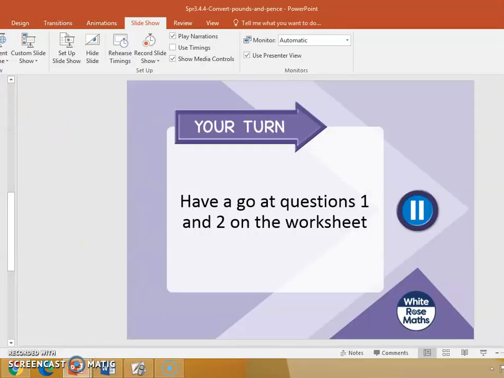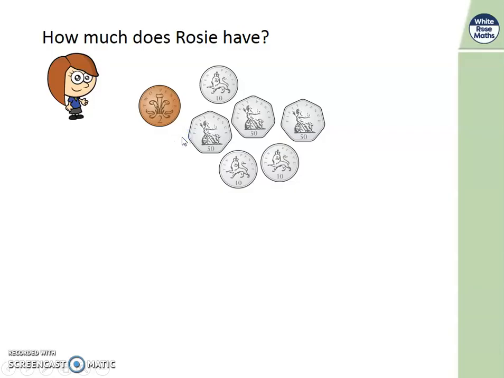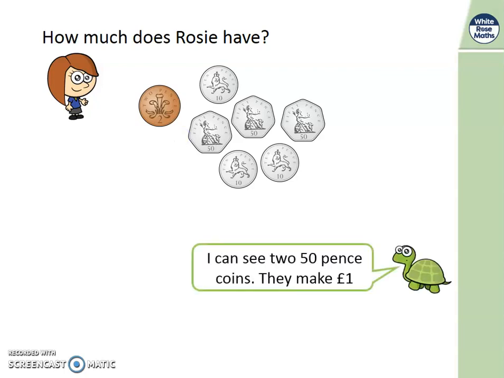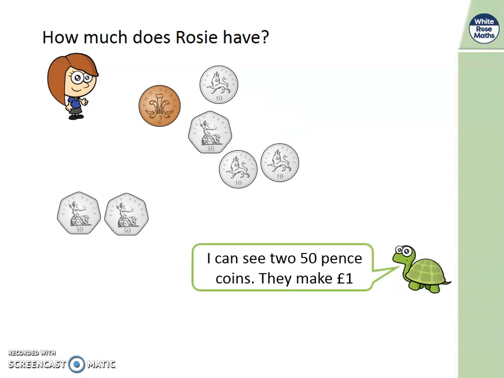Let's have a look at how to apply our learning in these questions. How much does Rosie have? Let's apply our learning of making a pound. Which coins could I use there to make a pound? I can see 2 50p coins and they make a pound. Let's move them over. Now remember to put the rest of the money from largest to smallest.